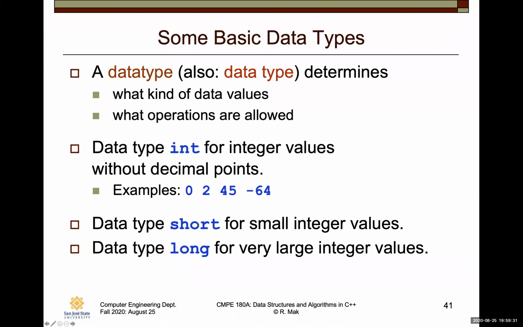Or maybe you have some integer variables and you know they're going to have very, very large values beyond what int can handle, then you make them long. Usually we'll just say int, and you'll see when it's appropriate to say short or long. I rarely use short. I use int and long in my programming.